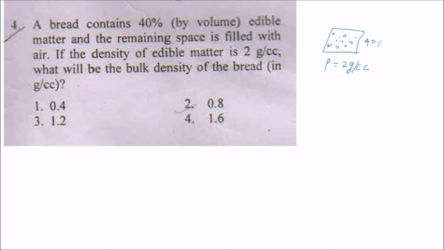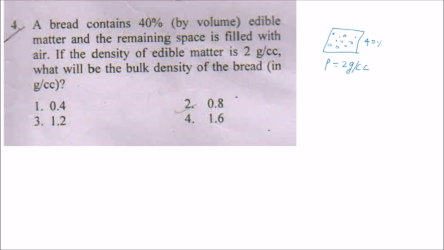So the total mass of the bread will be only that of the edible part. If we are able to calculate the mass of the edible part, then we can calculate the density of the whole bread, including the air. So how will we calculate the mass of the edible part?